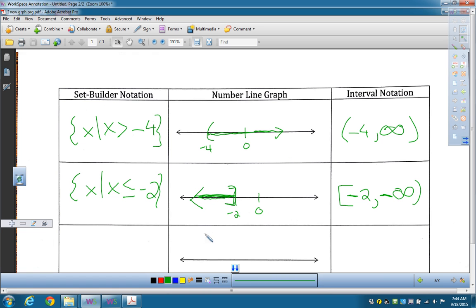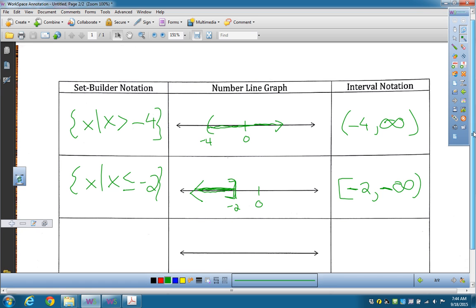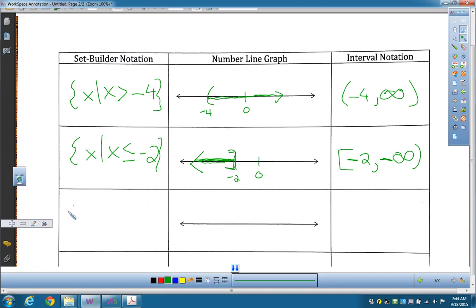What if I wanted to do something like this in set builder notation? Who can tell me what that means if I were to put 0 on there?